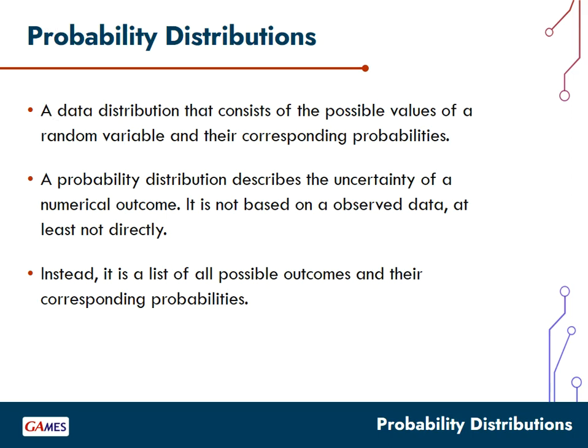So we have talked about random variables, right? Discrete and continuous. Now let's talk about probability distributions, which I've explained earlier. A probability distribution is a data distribution that consists of the possible values of a random variable and their corresponding probabilities, which means we're talking about experimental outcomes, and to each outcome or to each event, we assign probabilities. Remember that an event may not be a single outcome. An event may actually be a set of outcomes.